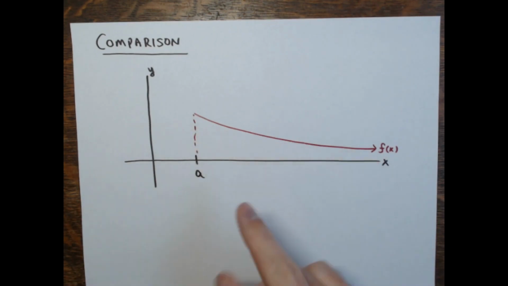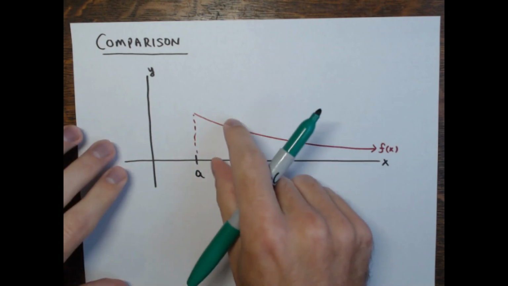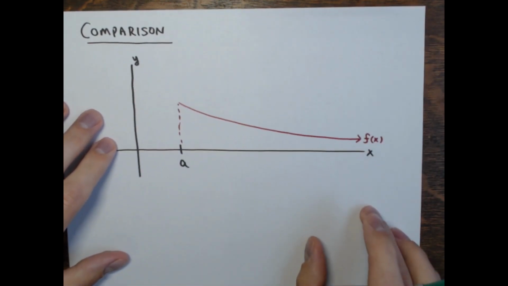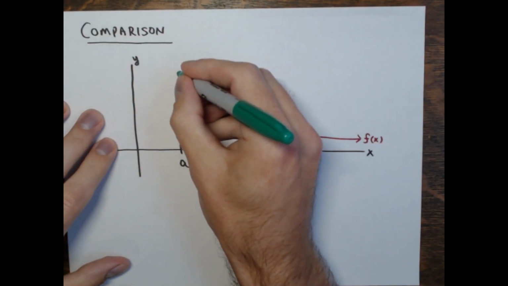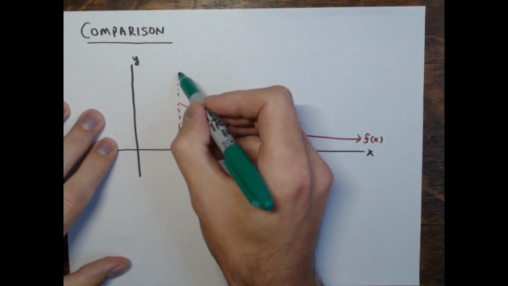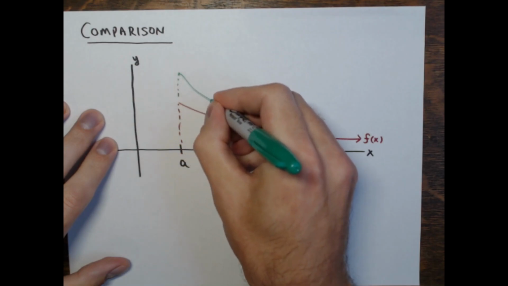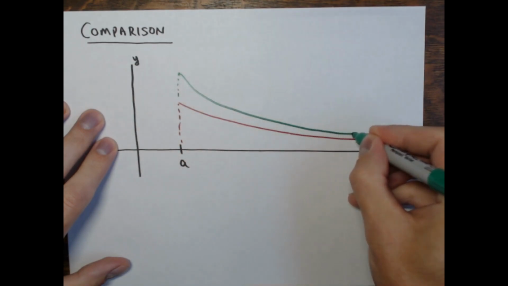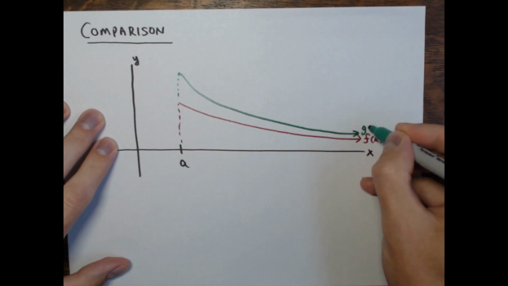And suppose function f is shrinking to nothing, and so is this other function called g that's always above it, or at least as high. So maybe g is doing this, but it's always above f. There's g.